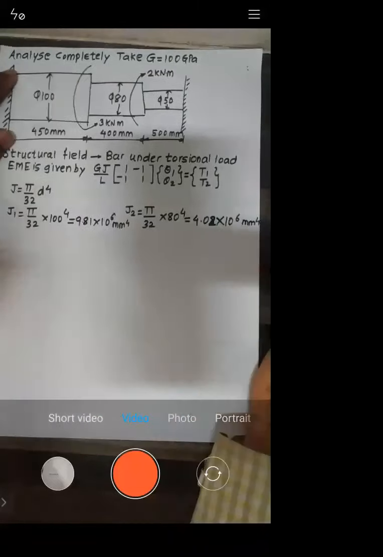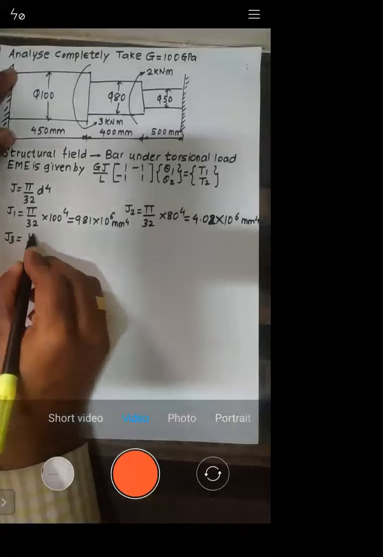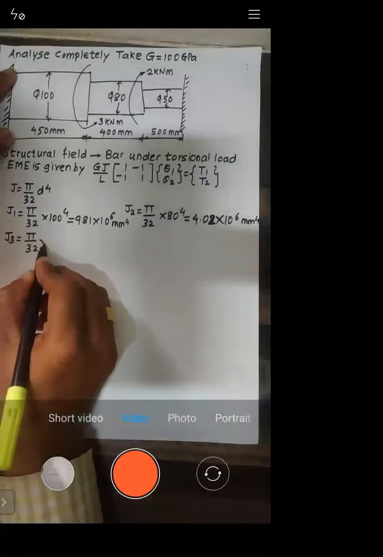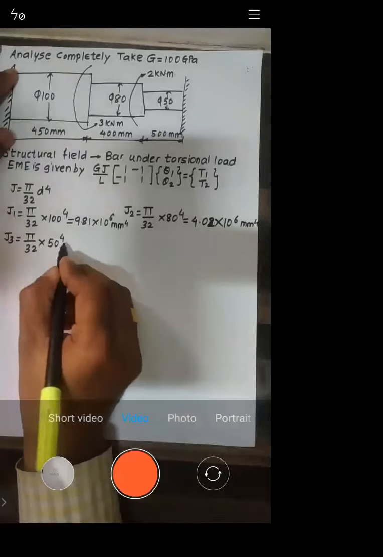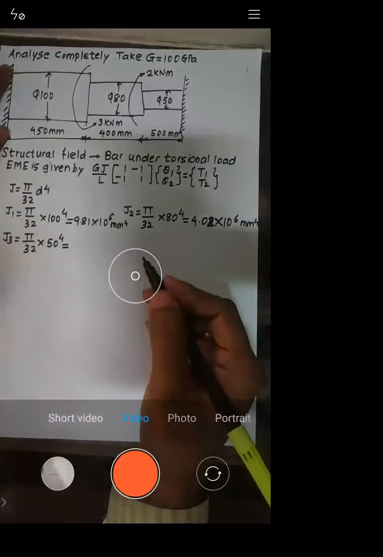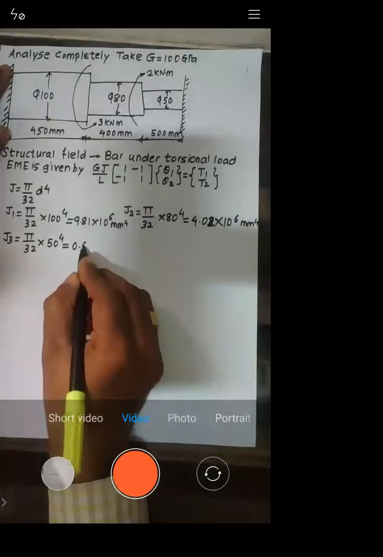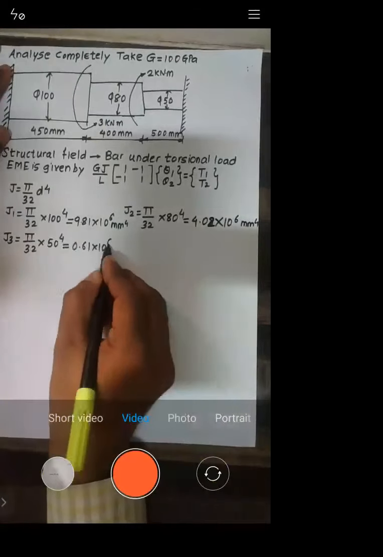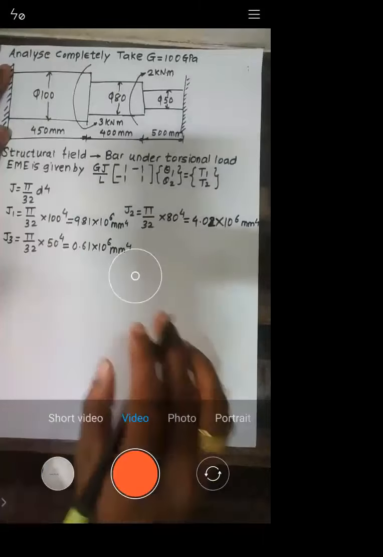Clear? Now we need to calculate J3. J3 is again pi by 32 into d, where the diameter is 50, raised to power 4. The answer is 0.61 into 10 raised to power 6 mm raised to power 4. So this is J1, J2, J3.